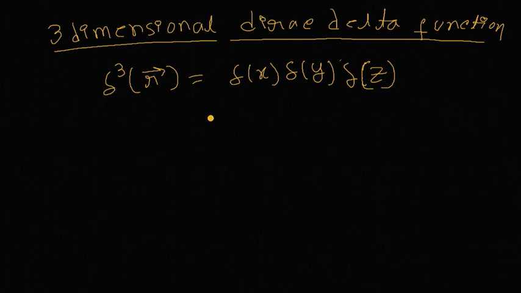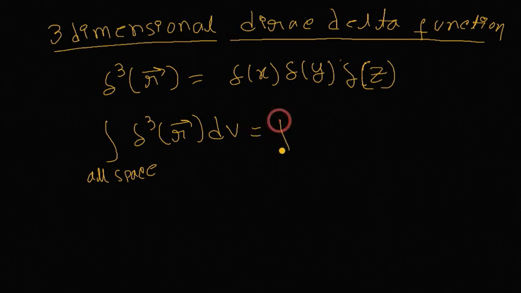Again, if we take integration over all space for this Dirac delta function, which will be a volume integration, the value will be 1.